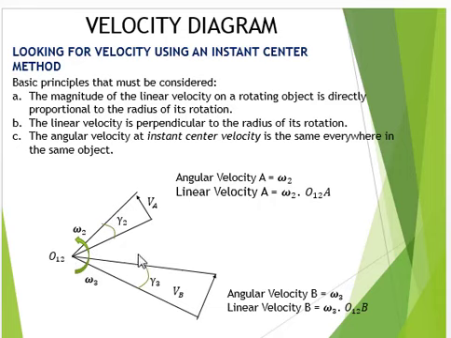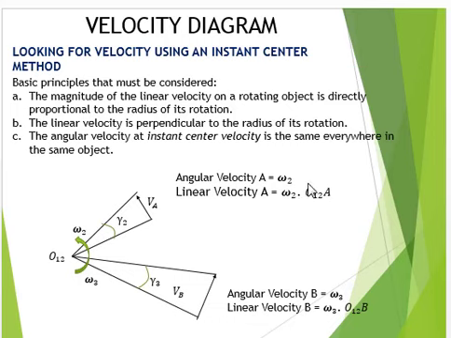With the instant center velocity of object 2 being point O1,2, the velocity of point A is the angular velocity of object 2, which we call omega 2, multiplied by the radius of rotation from point O1,2 to this position.